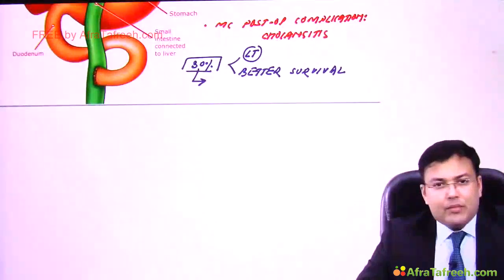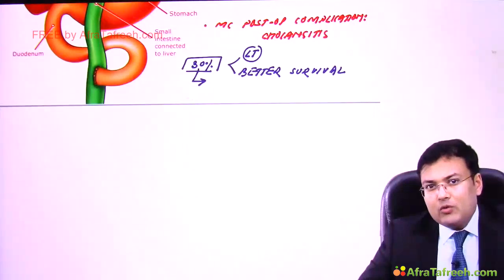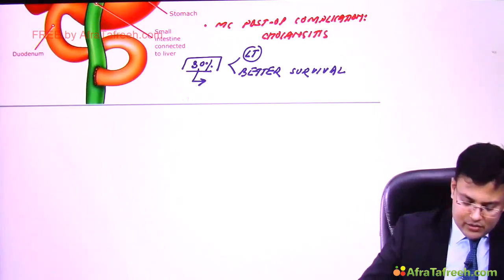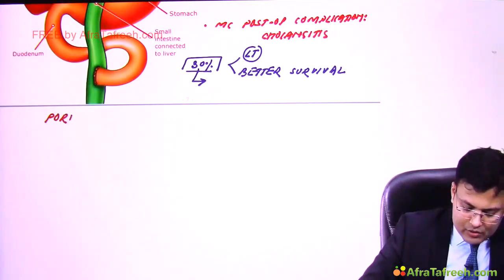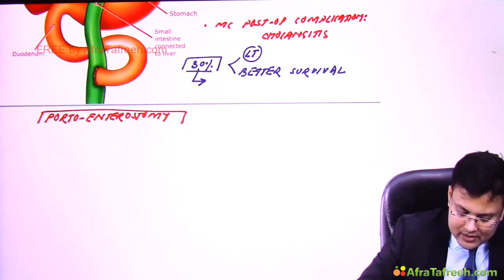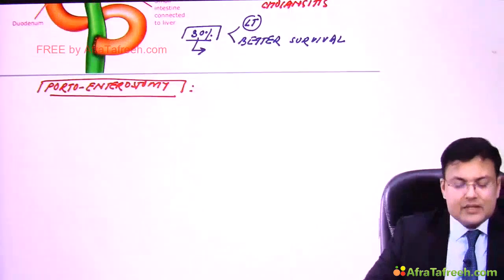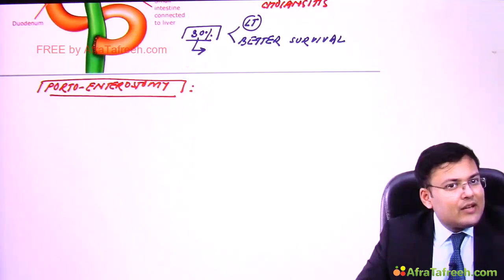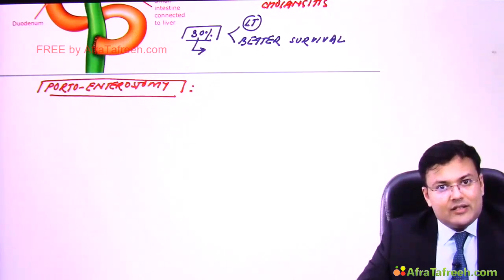Now see two important factors which affect the outcome of portoenterostomy or hepatoportoenterostomy. The outcome is dependent on many factors, but the two factors asked in exams are, first, the age in days at diagnosis and at surgical intervention.